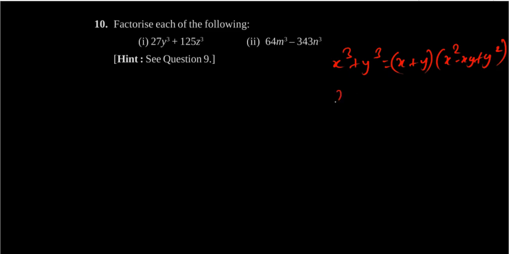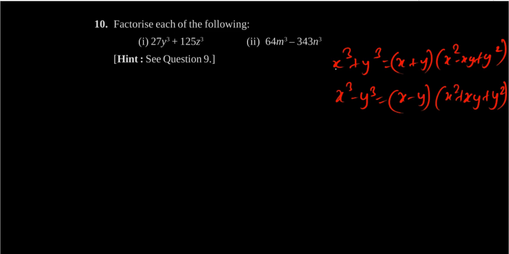And in the same way, x cube minus y cube equal to x minus y into x square plus xy plus y square. Okay. So the given problem is like this identity. So we have to substitute the x and y here so that we can get two factors of each.